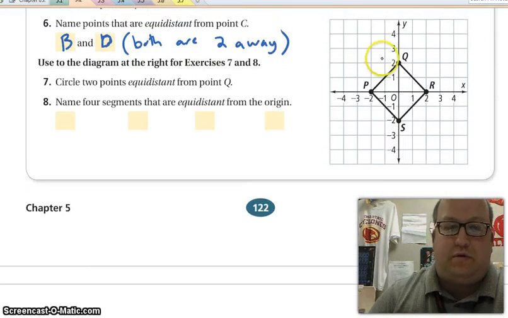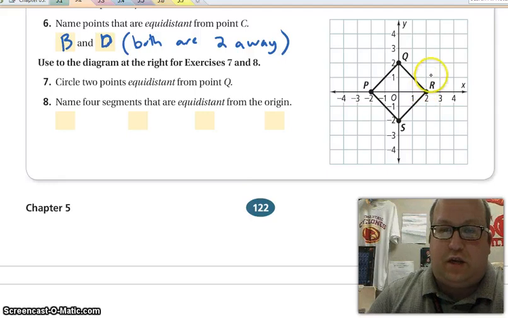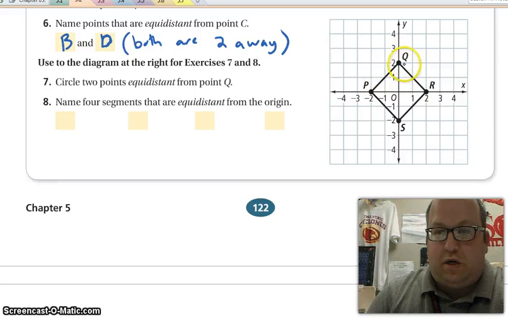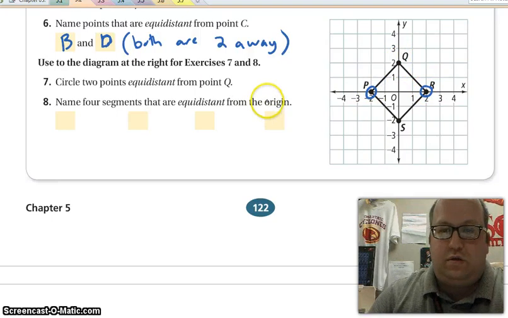Going to the diagram on the right. Use the diagram on the right for exercises 7 and 8. Circle two points that are equidistant from point Q. Well, let's see. That one is 4 away, and I don't know how far away these are without using my distance formula, but let's see, over 2, down 2, I would say this one and this one.